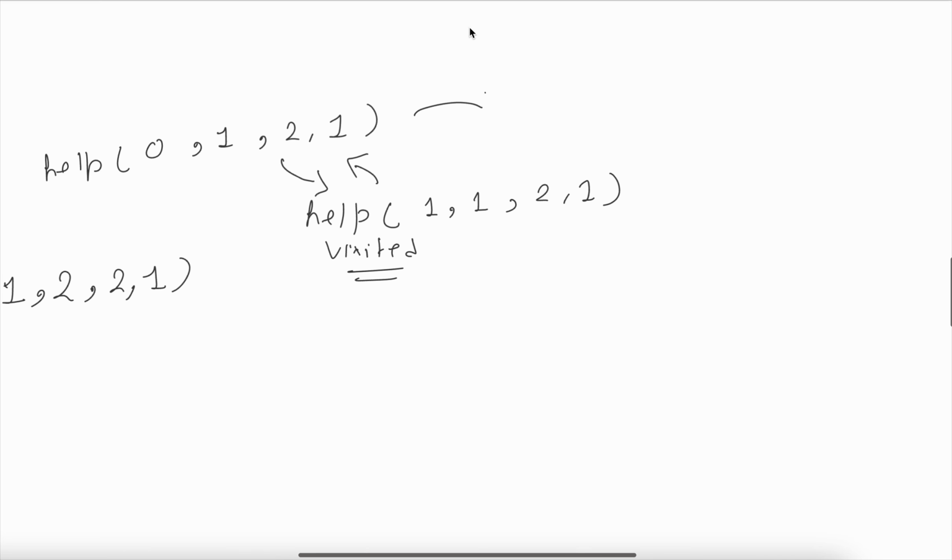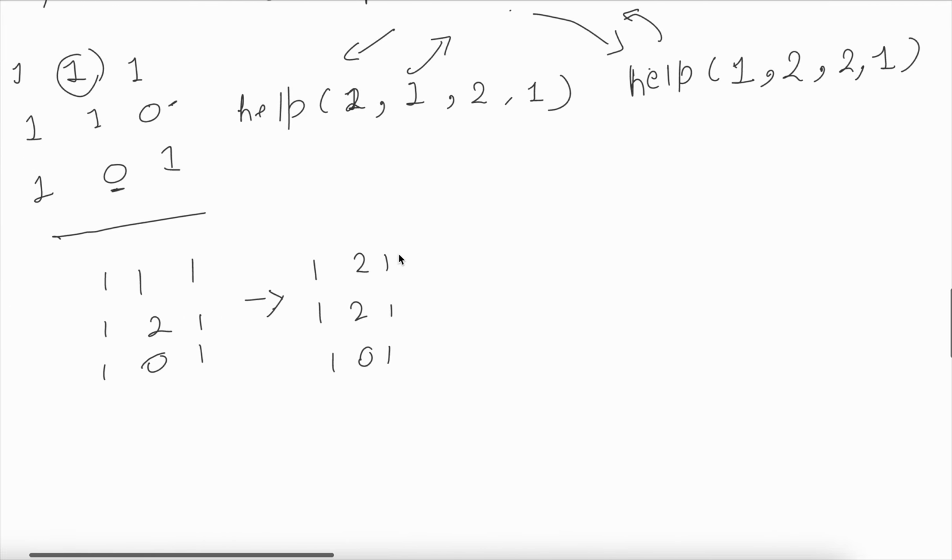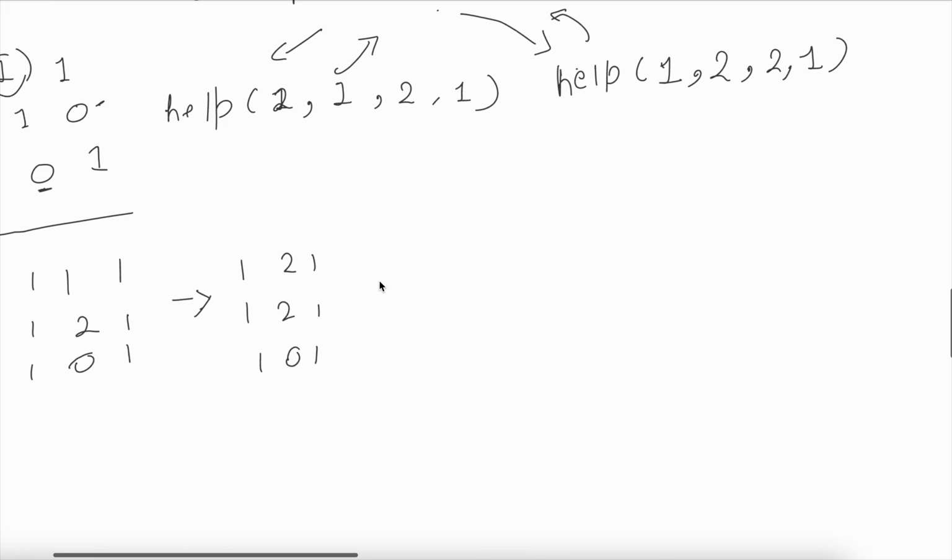For this coordinate 0 comma 1, what is the next step here? We will do help. Now we have increased this, 0 comma 2 2 comma 1. Okay, 0 comma 2, where is 0 comma 2? Okay, this one. Again, it is a boundary check.